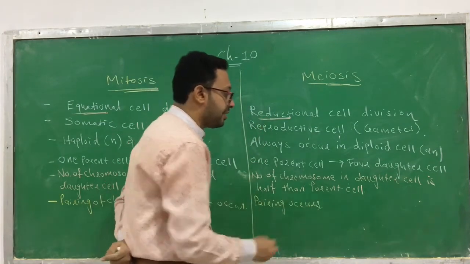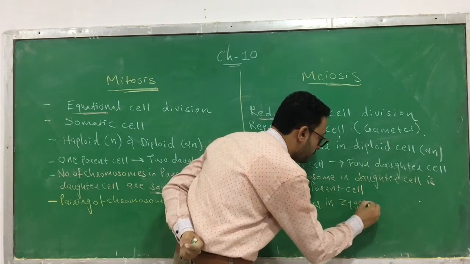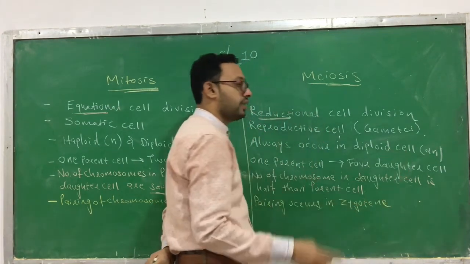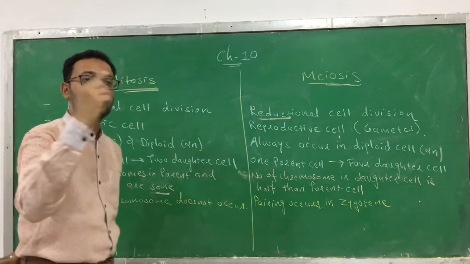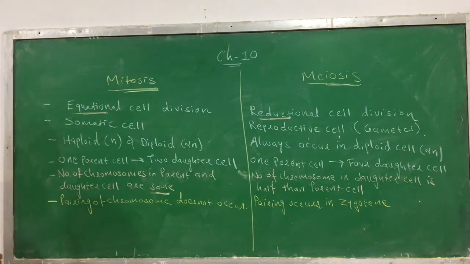In which phase? The pairing occurs in the zygotene phase of prophase 1 of meiosis 1. Okay, so this is a difference between mitosis and meiosis.